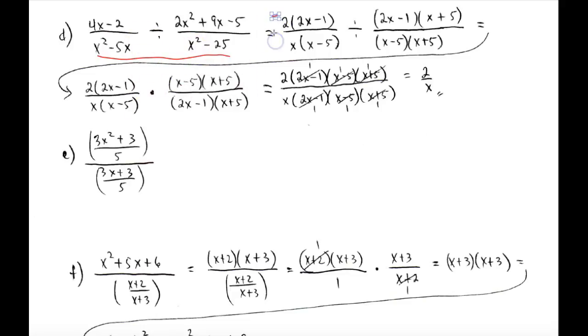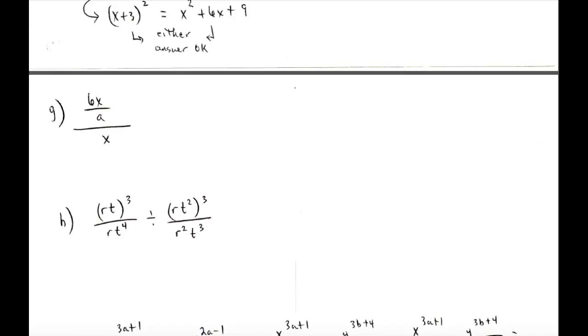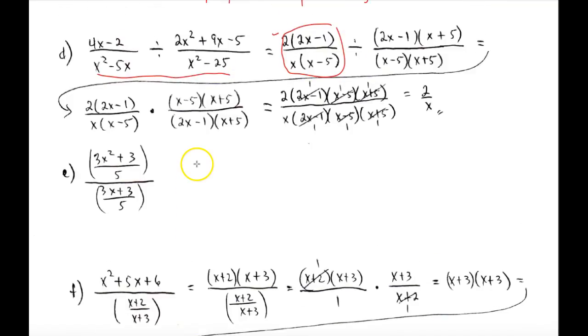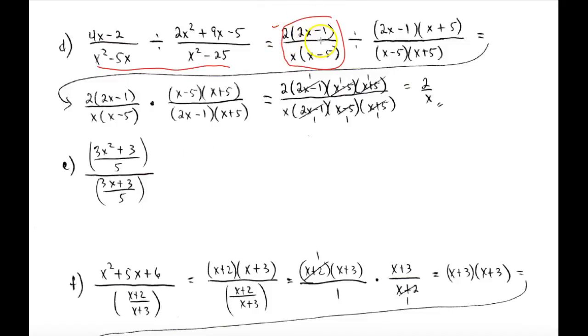So we keep this the same. Oops, let's go back here. Sorry about that. So we keep this fraction the same. We change the operation from division to multiplication, and then we flip or take the reciprocal of the bottom fraction. So we're going to flip this.